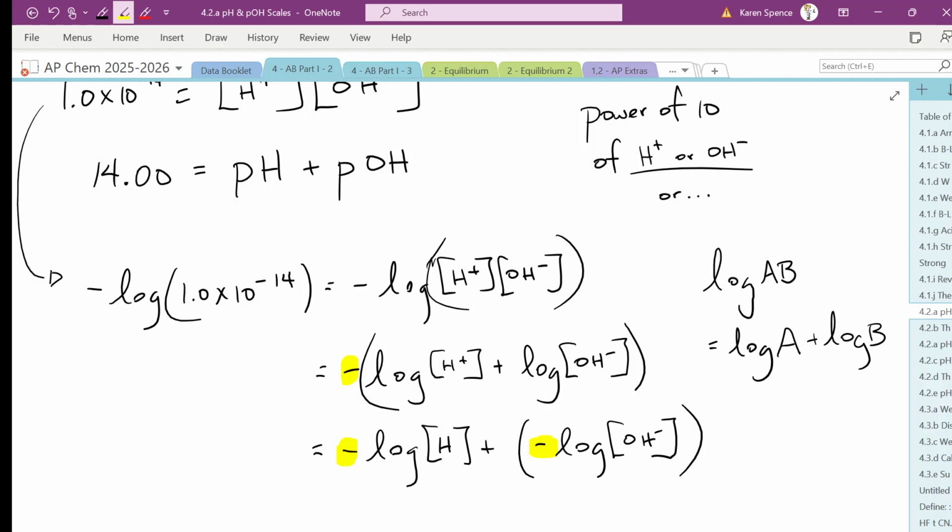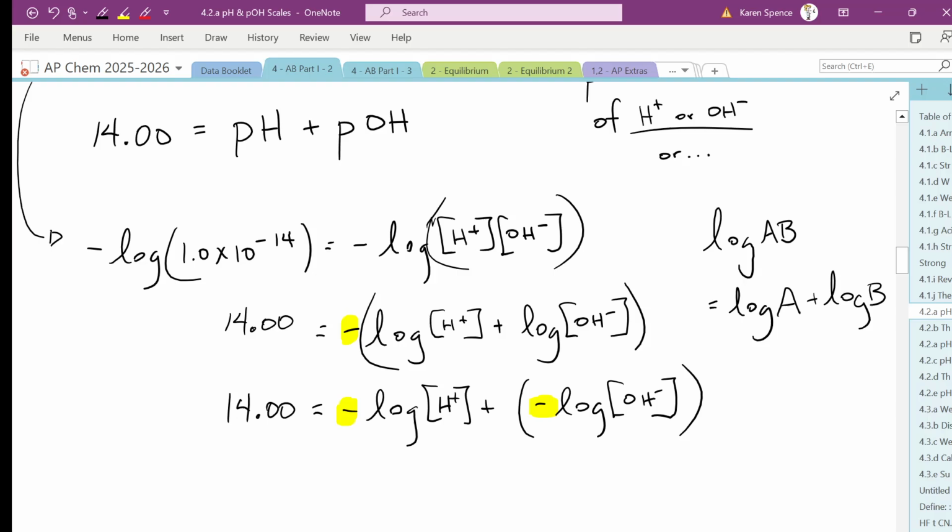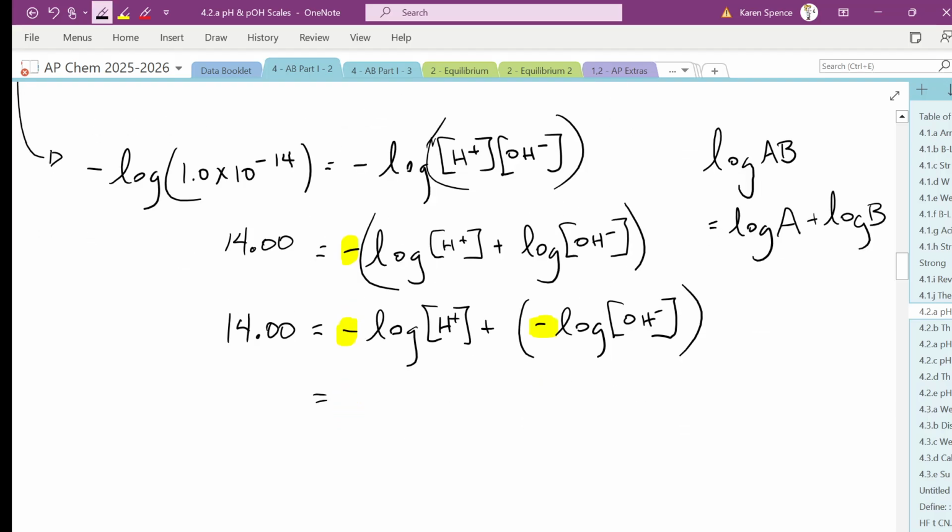So now the negative log of 10 to the negative 14 is 14.00. And now we have negative log of hydrogen is pH. Negative log of hydroxide is pOH. Is that nice?